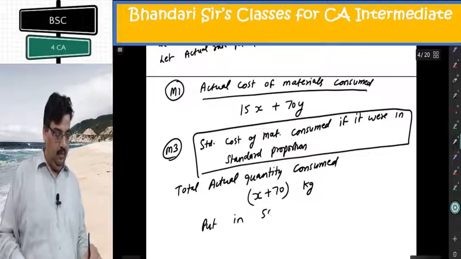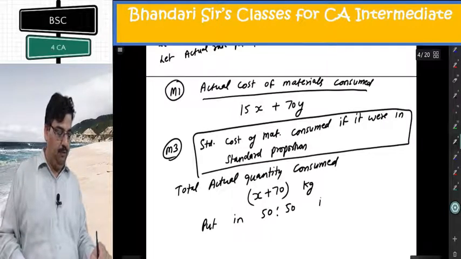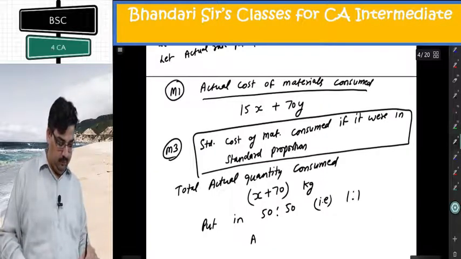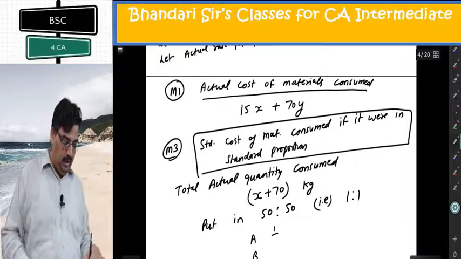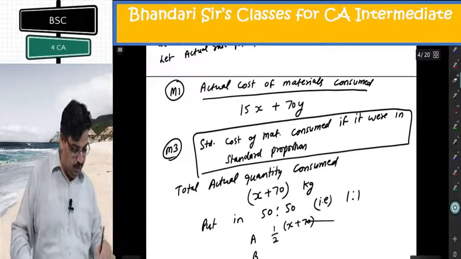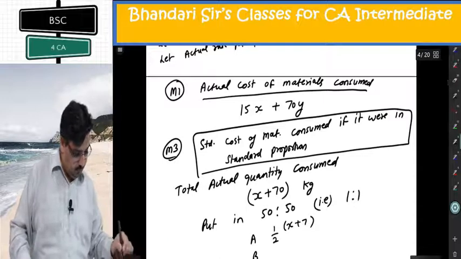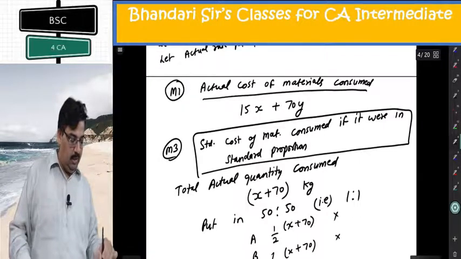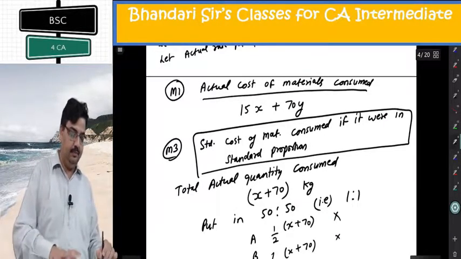Put in ratio 50:50, that is 1:1. For A and B, it is half X plus 70 each. Multiply with standard rate.